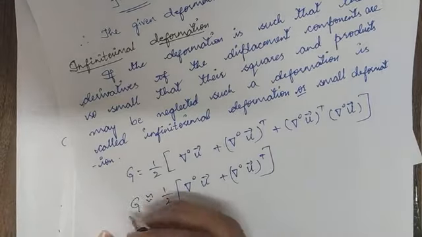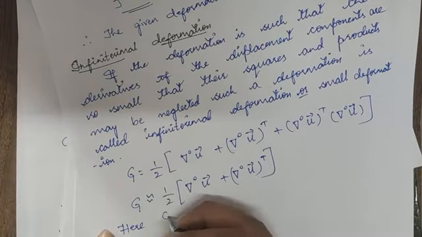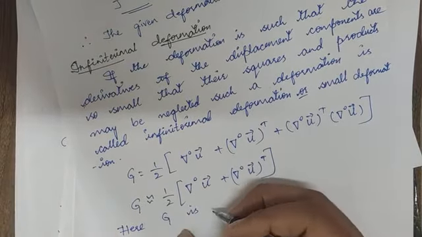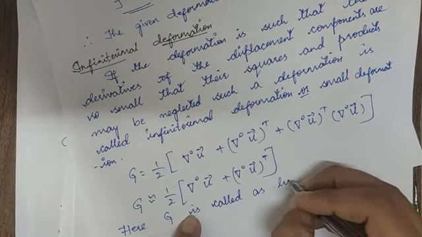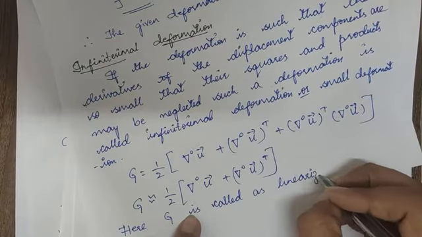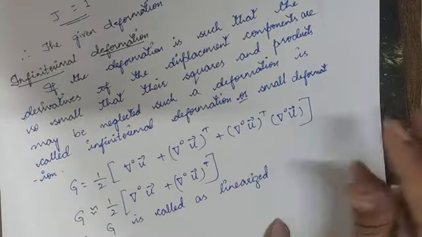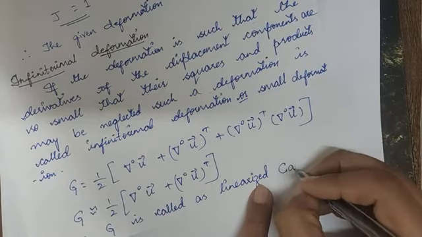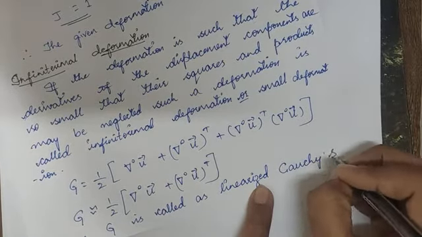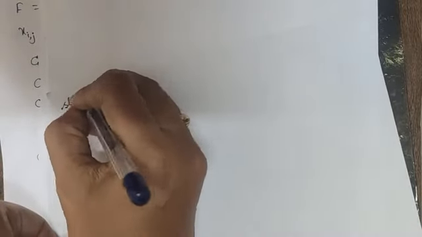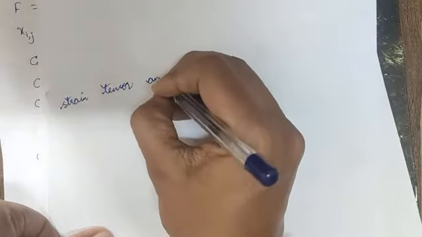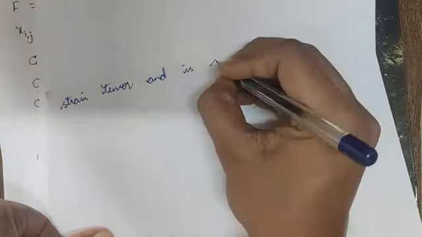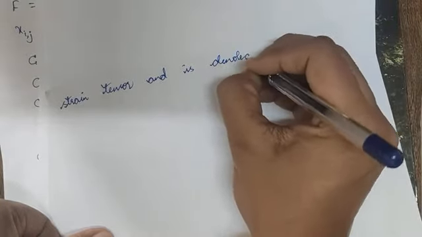Here this G is called the linearized Cauchy's strain tensor, and it is denoted by small e.